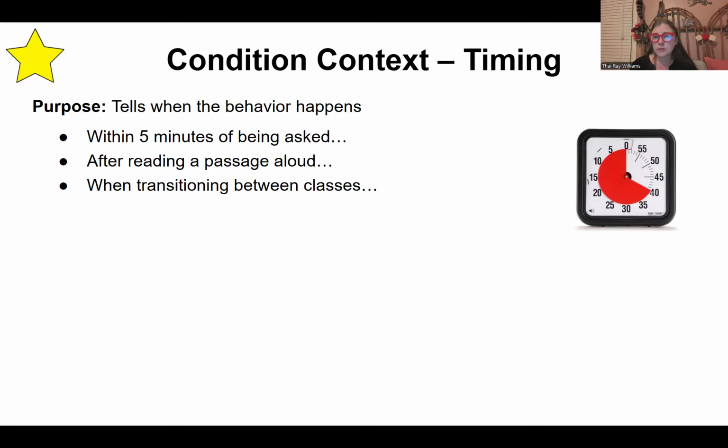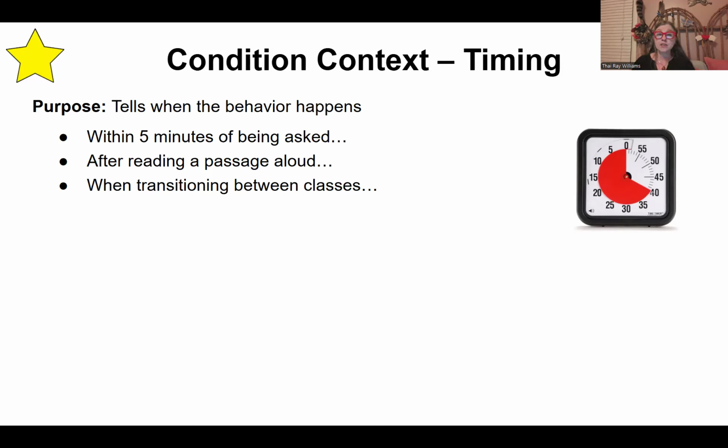Now, this is the reason why I wanted to tell you that it's not always time like 5 minutes, because it could be something like after reading a passage aloud. Because it does still tell us when. When is the student going to answer those comprehension questions? After I read a passage aloud. So it still is related to timing, but it's not an actual time.